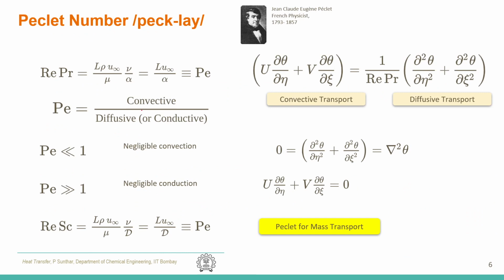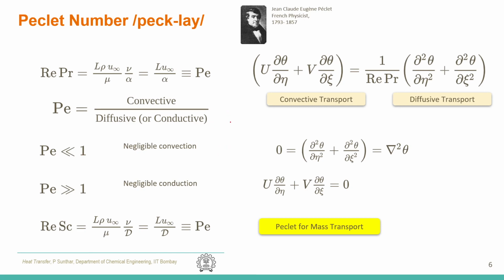Similarly, we have the Peclet number, which we define as convective heat transfer upon diffusive heat transfer. The formula for that is LV upon alpha. If Peclet number is less than 1, the numerator is small, which implies the convection is very low.